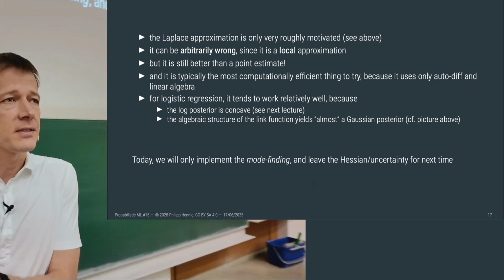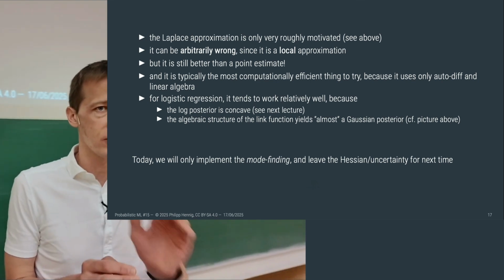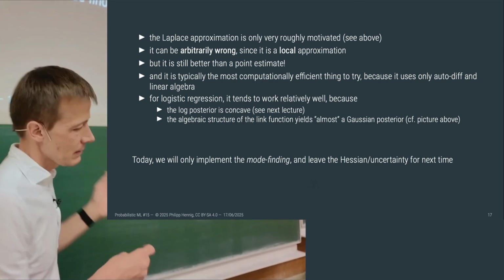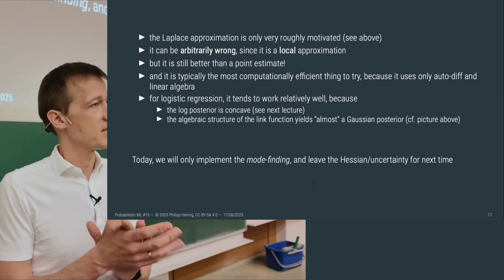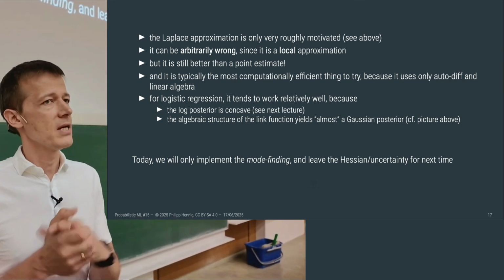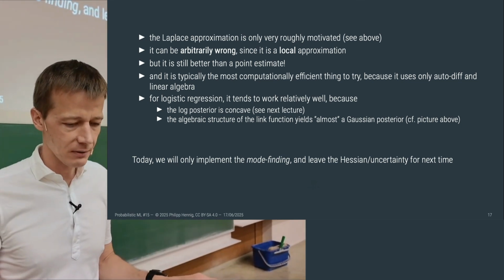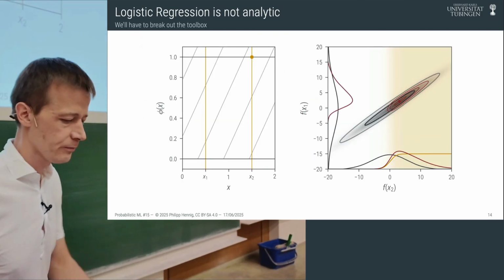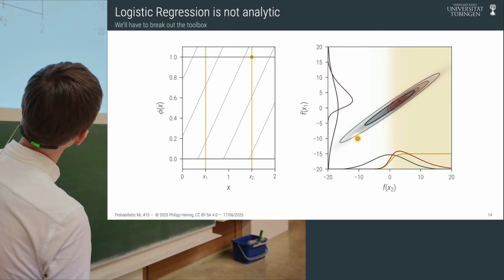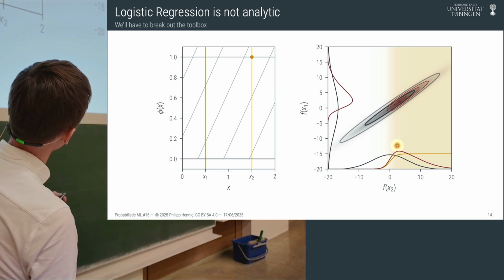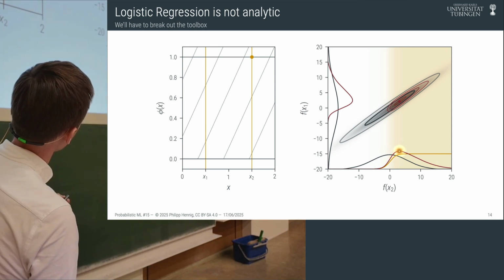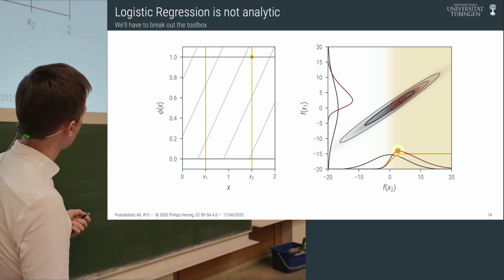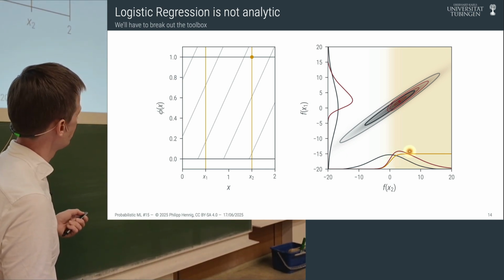The common criticism that you will encounter if you talk to Bayesian deep learning people is that Laplace approximations are very dangerous in some sense because they can be arbitrarily wrong. What do I mean by arbitrarily wrong? Well, let me go back to this picture. Here's maybe where the picture is actually useful. We're approximating this complicated distribution with the mode, the highest point, and then the curvature at that point.